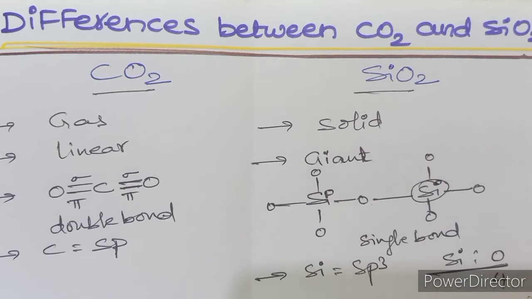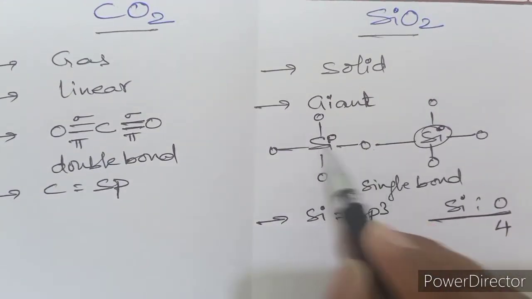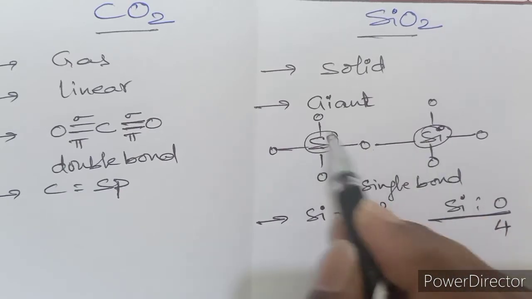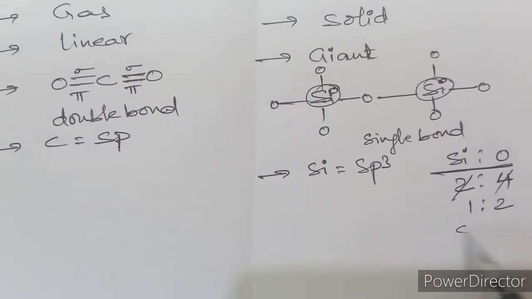That's why here 4 oxygens are there. And each oxygen is surrounded by 2 silicon atoms. That's why the number of silicon atoms are 2. The silicon and oxygen atoms ratio is 2:4. That's why its formula becomes equal to Si1O2 or SiO2.